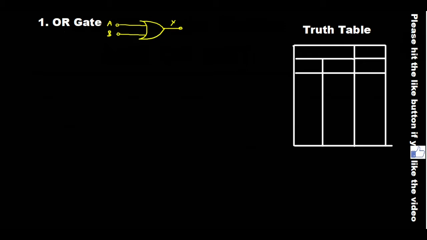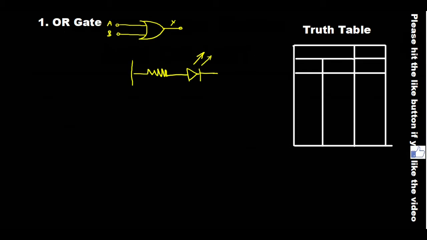Now let's draw a circuit. We have one LED. To limit the current, I have put one resistor. This LED we want to make it on.